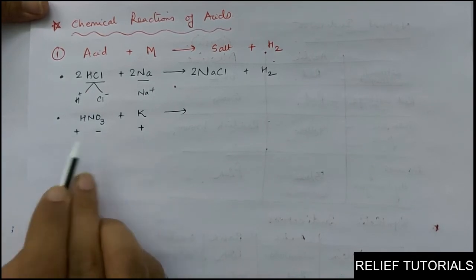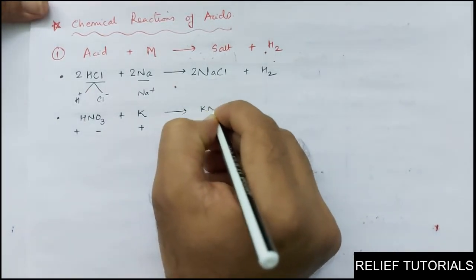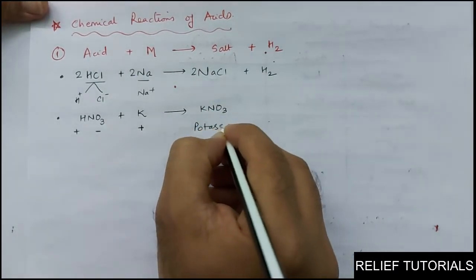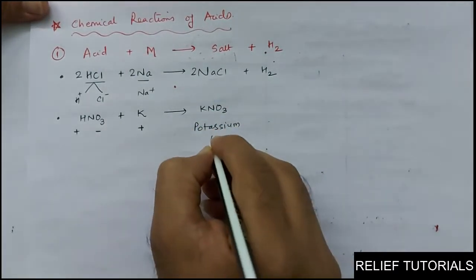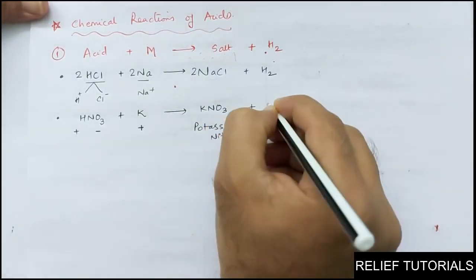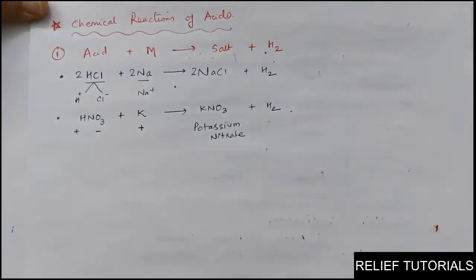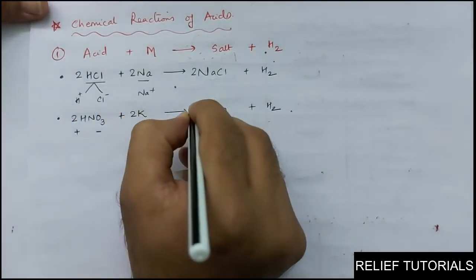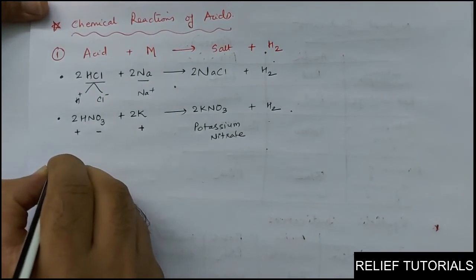So K plus and NO3 minus gives KNO3, potassium nitrate, and hydrogen gas liberates. Again you write 2 here, 2 here and 2 here to make them balanced.